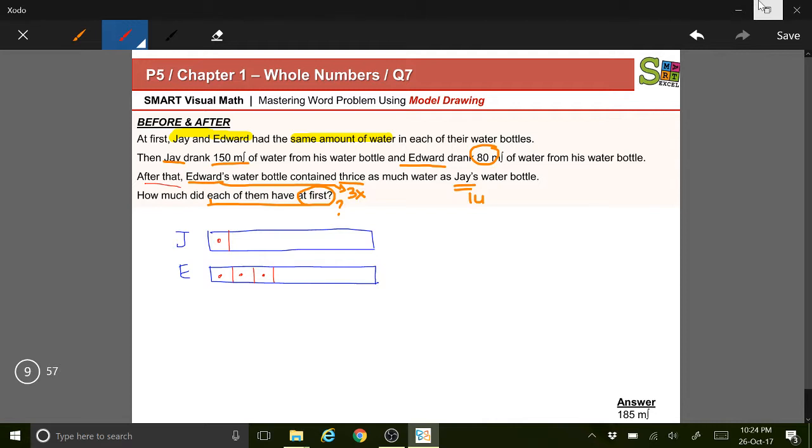Now we can fill up the information that they drank. J drinks from here to here, which is 150 ml, whereas Edward drinks from here to here, which is 80 ml. So what do we see here?